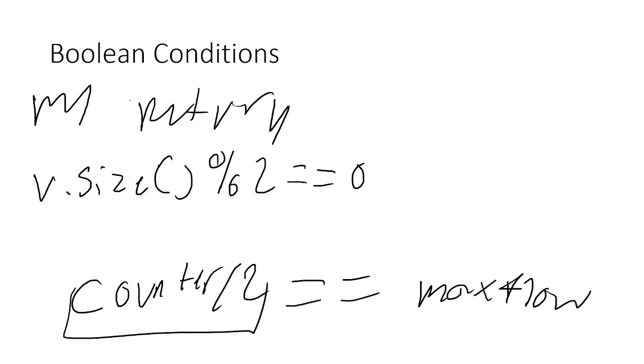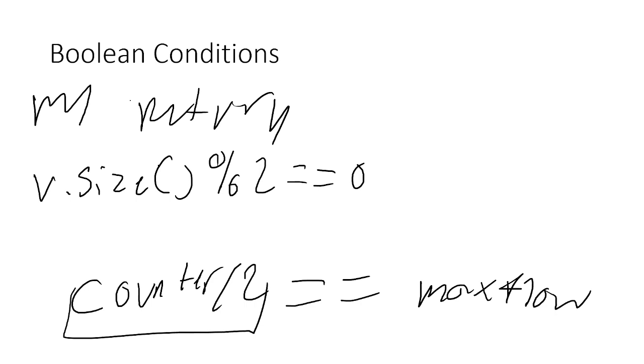Counter is basically all the vertices from group red and blue, and you just want to check if it's divisible by 2 and equal to the max flow, because group red and blue need to be tileable, so they each have a pair. You divide it by 2, and check if it equals the max flow. So that's mostly the Boolean condition when you're returning, and it's quite a simple algorithm.